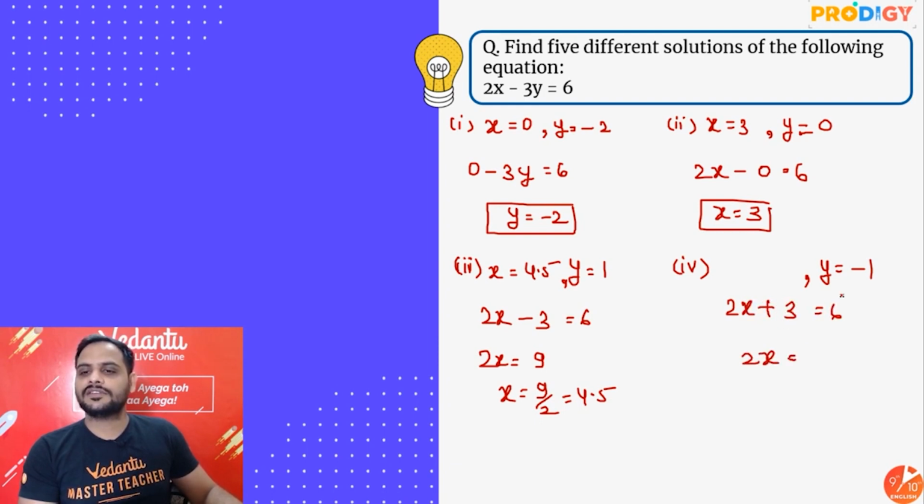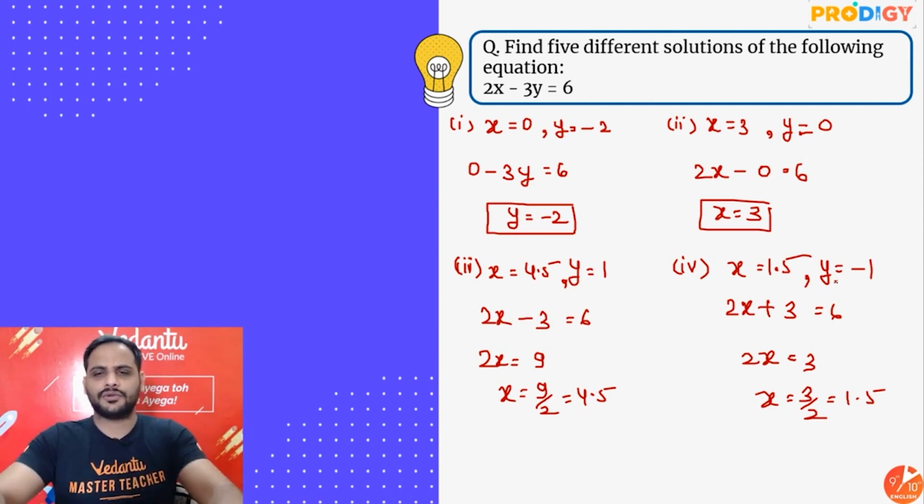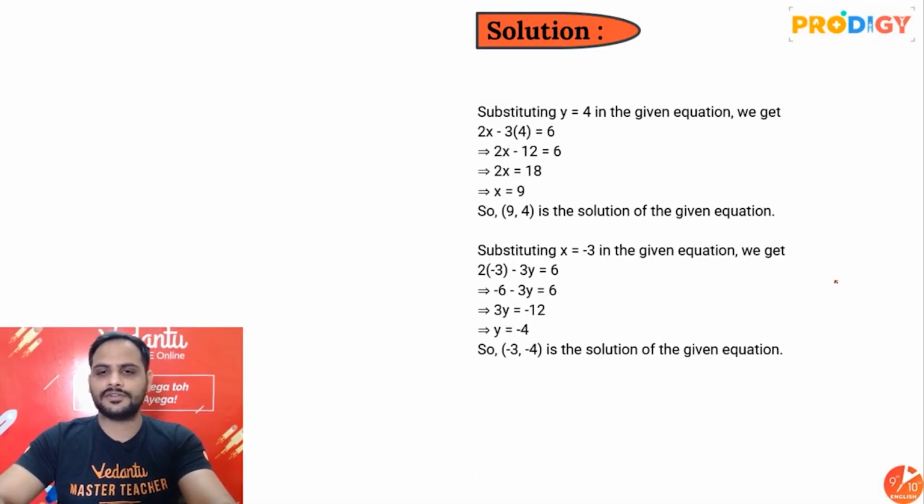So 2x is 6 minus 3, which is again 3. x is equal to 3 by 2, which is 1.5. So this way x is equal to 1.5. Same way you can go for x equal to 2, x equal to 3, anything you want. So you can find five different solutions this way.